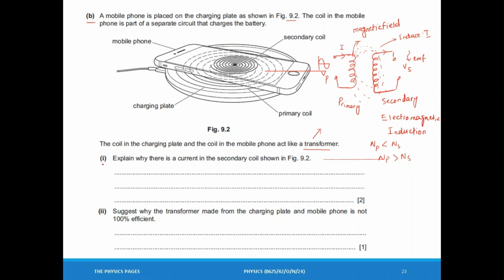Getting back to the first part of the same question, explain why there is an induced current in the secondary coil shown in figure 9.2. As I discussed in detail, because of electromagnetic induction, there is an induced current in the secondary coil.